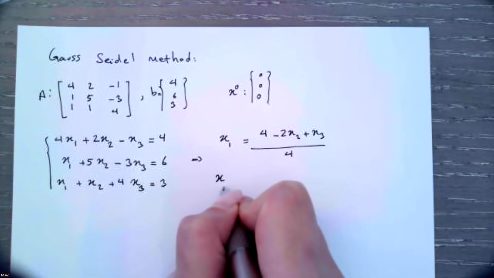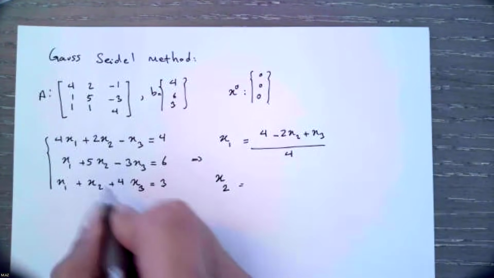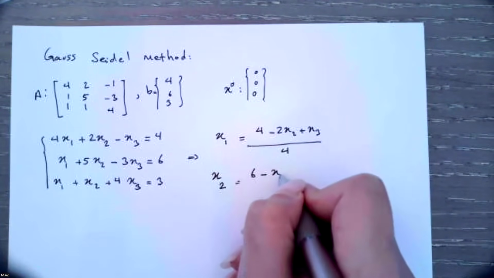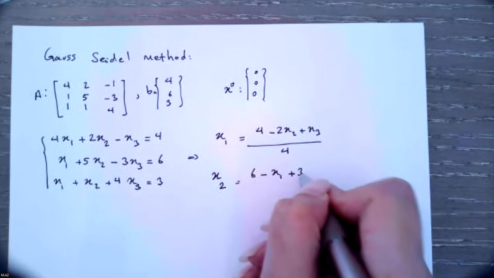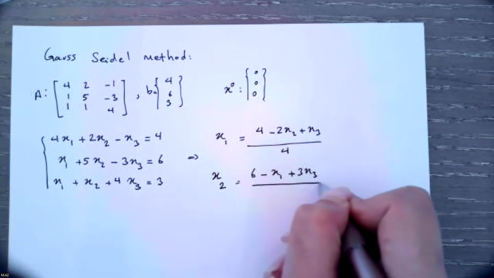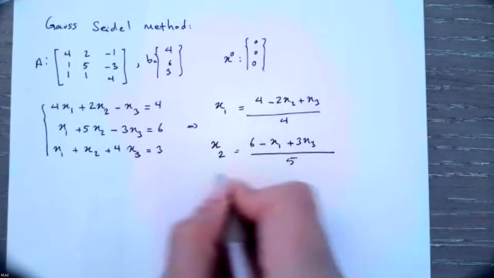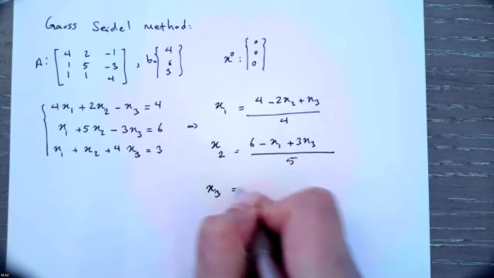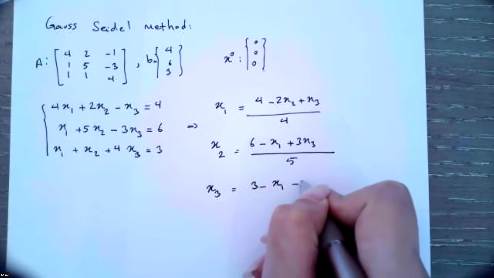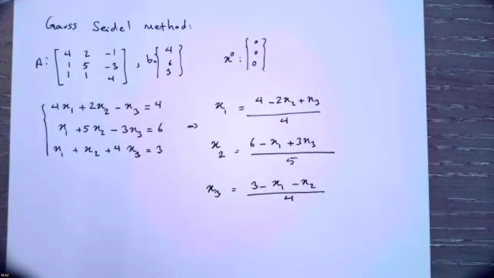This is the value of the x1, and this is the rearrangement based on equation 2, over the coefficient of x2, over 4.